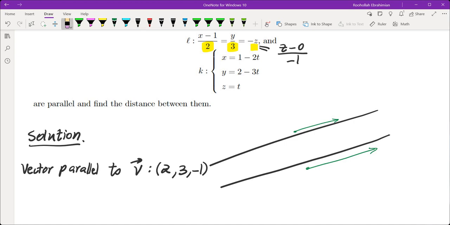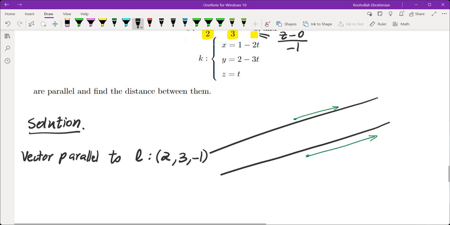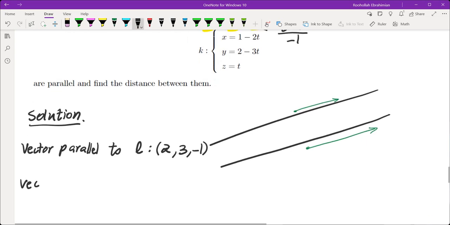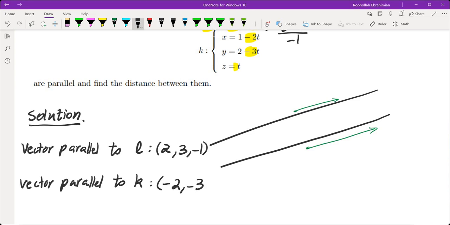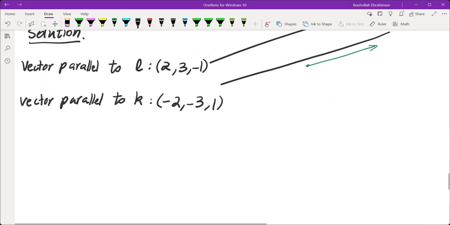And this is the vector parallel to L. The next one is the vector parallel to K. So what is the vector parallel to K? We'll have to look at the coefficients of t in the parametric equation: -2, -3, and 1. Now if you look at these two vectors, these two are scalar multiples of each other.